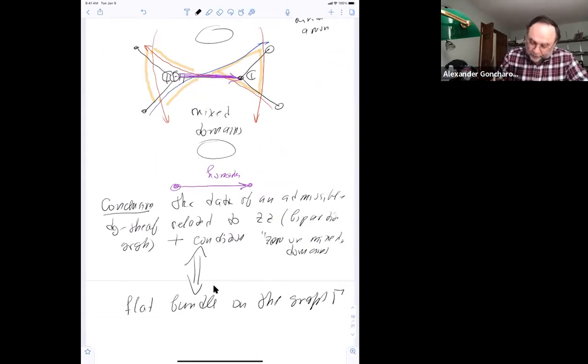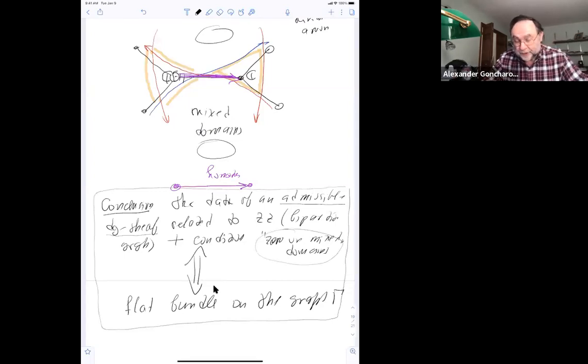But I don't have to say that it's a line bundle. Any vector bundle with connection on a graph is the same thing as an admissible DG sheaf plus the condition that it is zero on mixed domains.